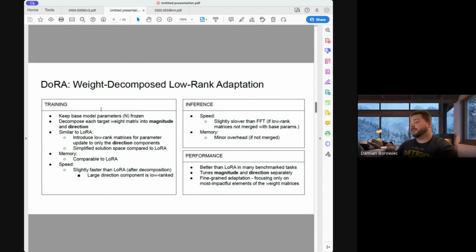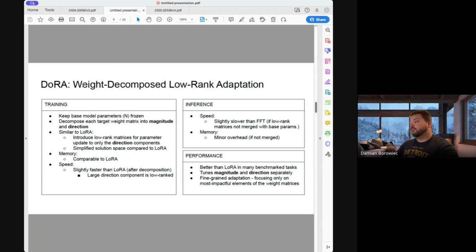So it's similar to LoRA, but we introduce the low rank matrices for the parameter update only to the direction components of these weight matrices. So it's a simplified solution space when we think about how we have to adapt these parameters compared to LoRA.